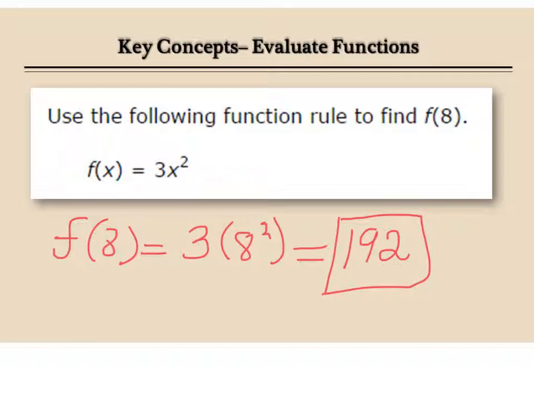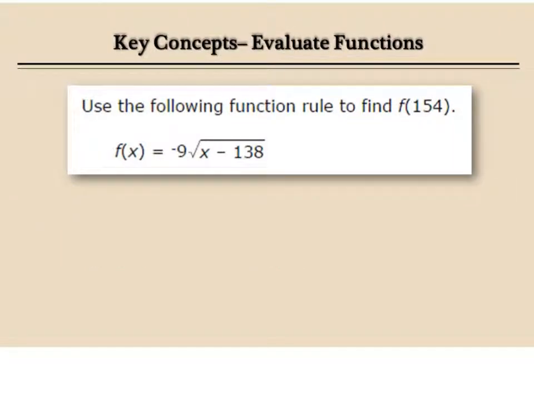We'll take a look at another one. This one says to use the following function rule to find f of 154. So f of x equals negative 9 times the square root of x minus 138. So let's write that out and put it in our calculator. I'm going to leave off the f of x and just start with negative 9 times the square root.